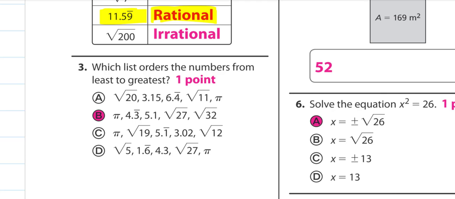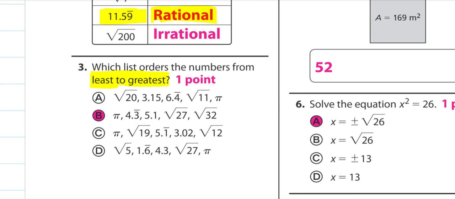Okay, so for number 3, we're being asked to choose the list of numbers that is already in order from least to greatest, so from the smallest value to the largest value. So before you even start calculating anything, there's a few things that will help us to eliminate some possible answers.